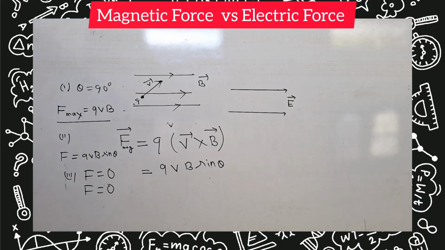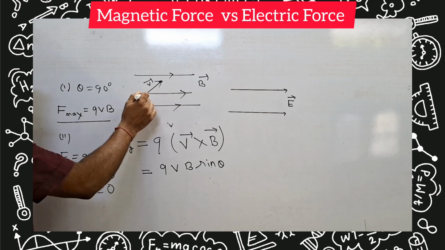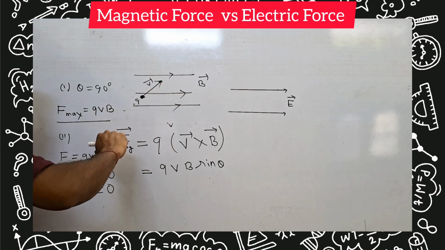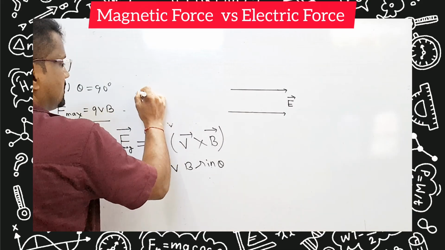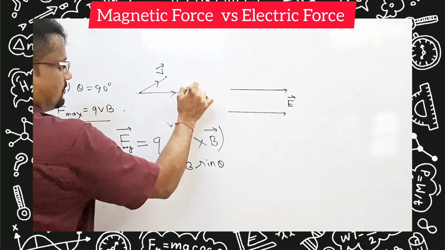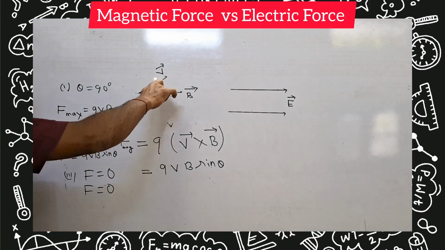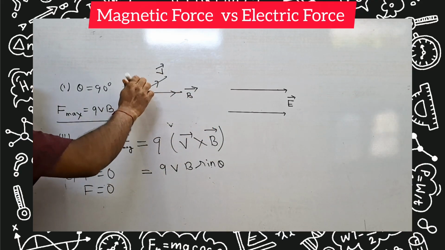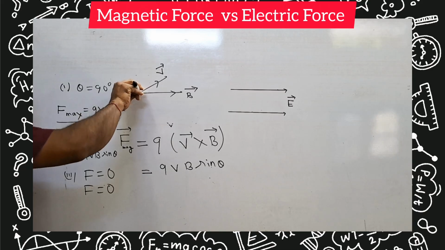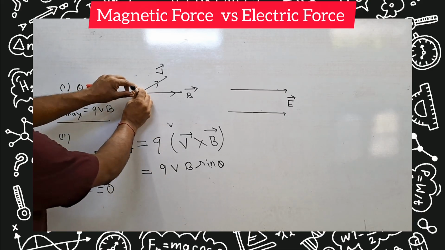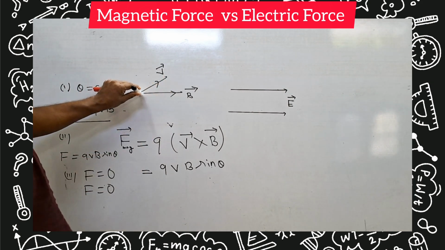Now you see, whatever force is experienced by the charged particle, that force direction is what? Perpendicular to both the vectors. It is like this. Say this is the velocity vector and this is your magnetic field vector, and V cross B, that is the force experienced by the charged particle, is perpendicular to both V and B. As the force is perpendicular to V and B, along the velocity the angle is what?